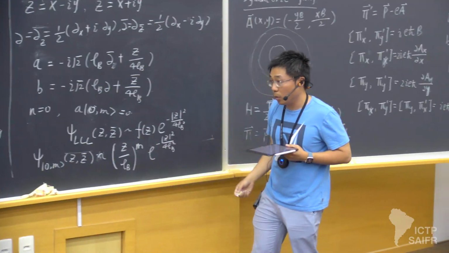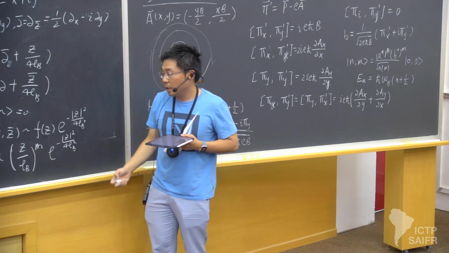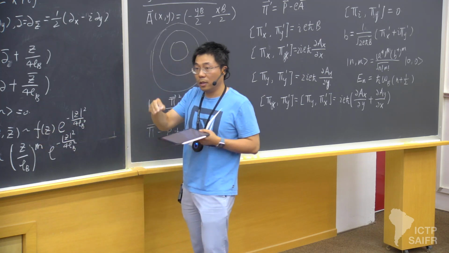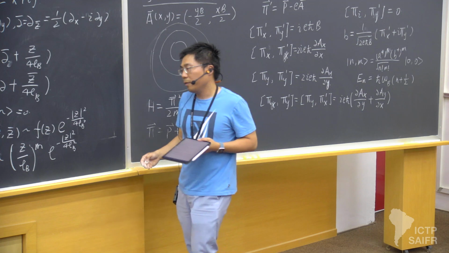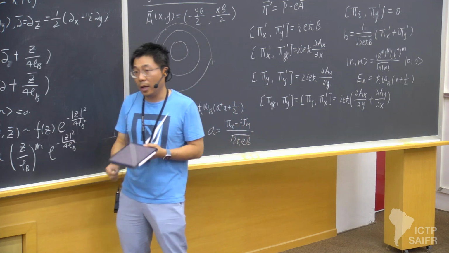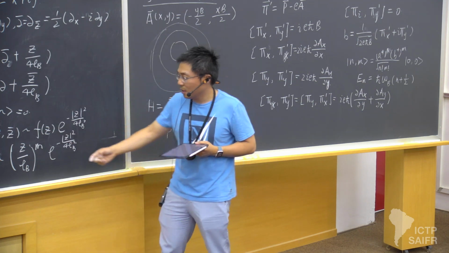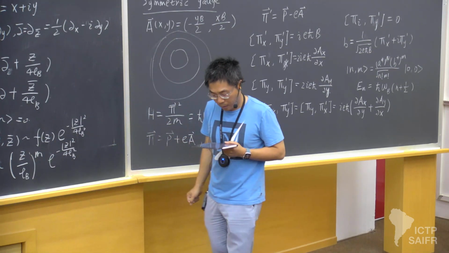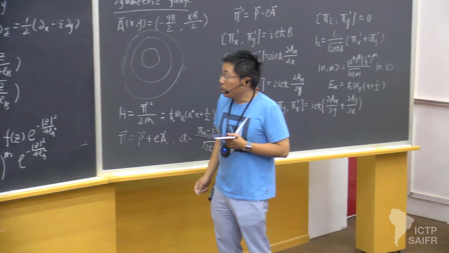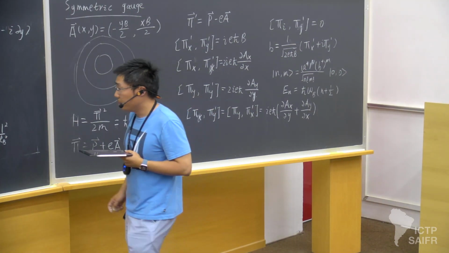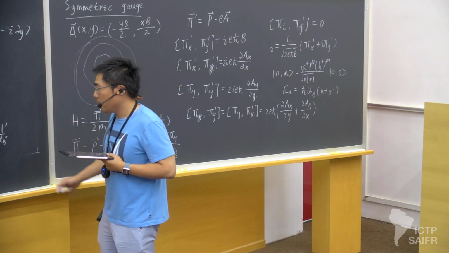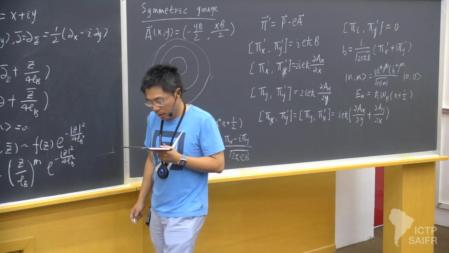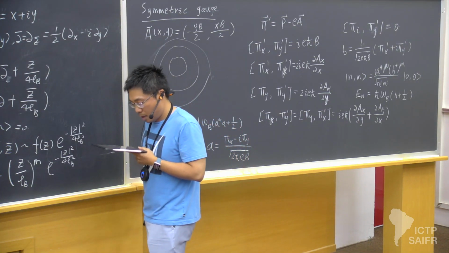That's the wave function that you have. So in this symmetric gauge, for the lowest Landau level, the wave function really becomes a very simple form. It's really just z to the power m times this exponential factor. And you can also show that each state will have angular momentum m times h bar.